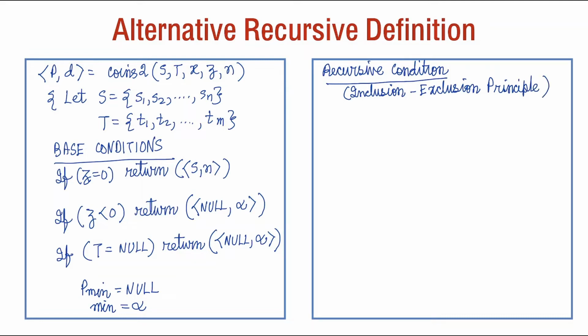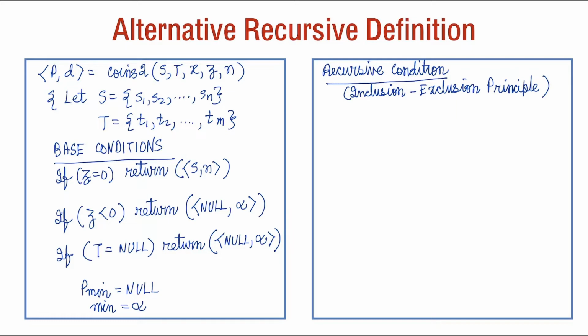Through this inclusion exclusion principle, we are not going to do every element from T1 to Tm in a for loop, but we will look at only T1 and decide to generate 2 subproblems. One to select T1, the other not to select T1.